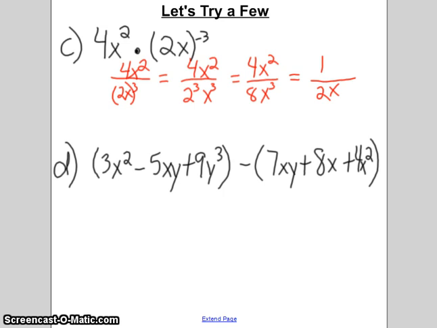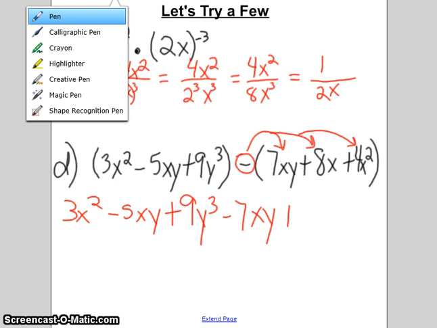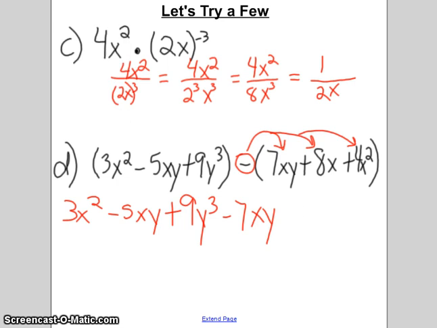In my last example here, I want to add and combine all like terms I can. What I have to remember though is that I have a negative that needs to be distributed to each of these terms. You can think of it like a negative 1. So I look at this as 3x squared minus 5xy plus 9y cubed minus 7xy minus 8x minus 4x squared.